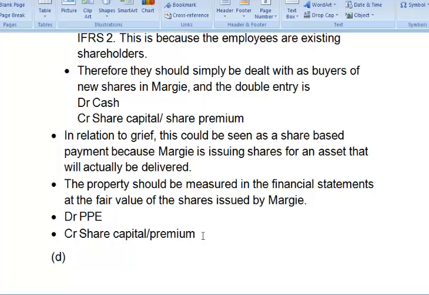We then move to part D, and this is our options to employees.